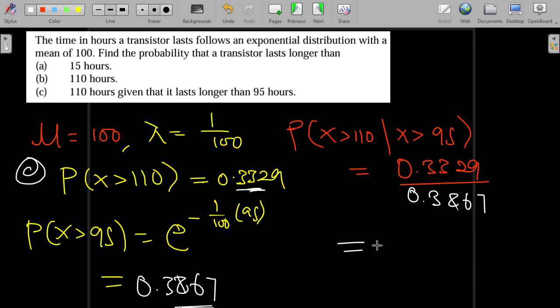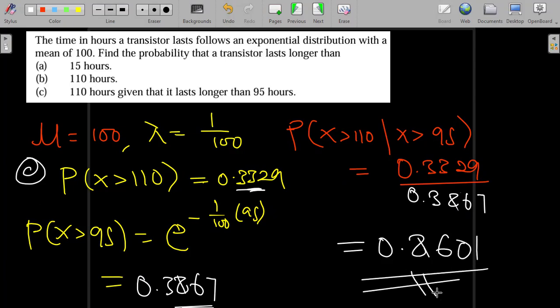So when we divide this, what are we going to end up with? 0.3329 divided by 0.3867, I'm going to end up with 0.8610. So that would be the probability that it will last 110 hours given that it lasts 95 hours.